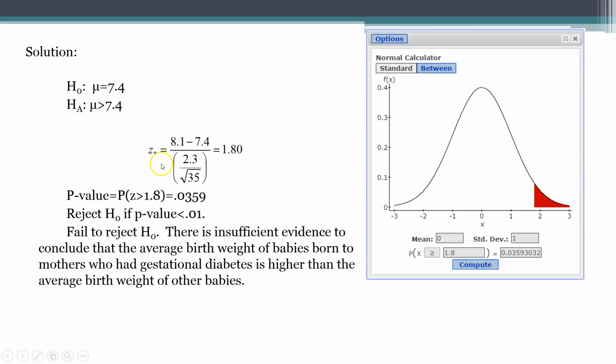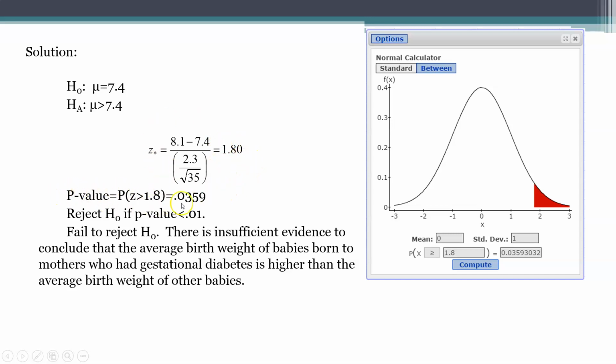So if we plug in over here, using the same process we did, we're just plugging in this for x bar. So we've got the sample mean minus the hypothesized value divided by the standard deviation over the square root of the sample size. When we do that, we get 1.80. That's our test statistic.